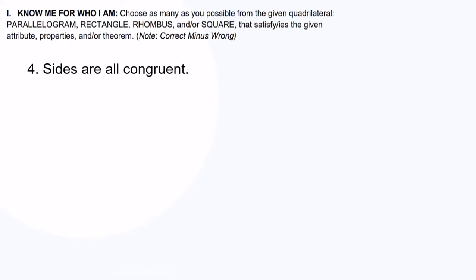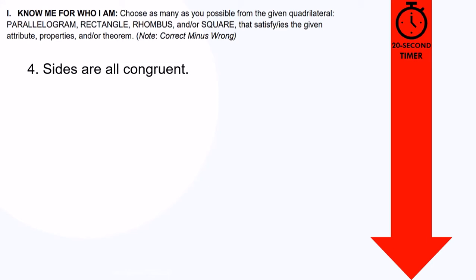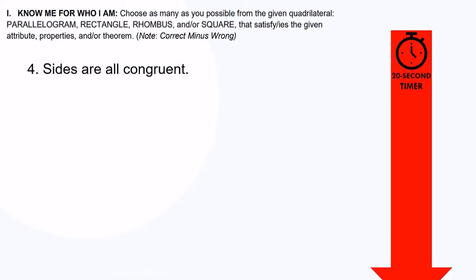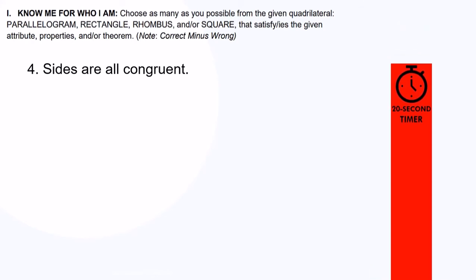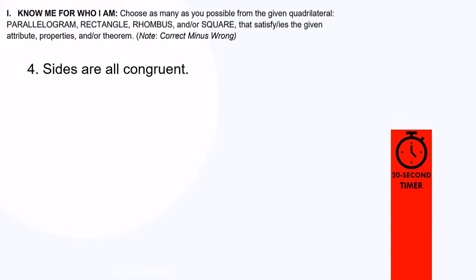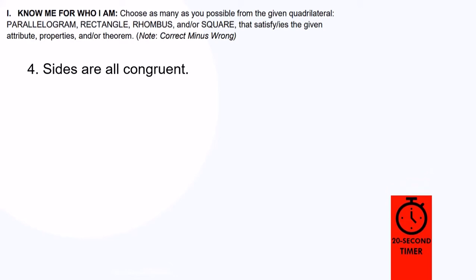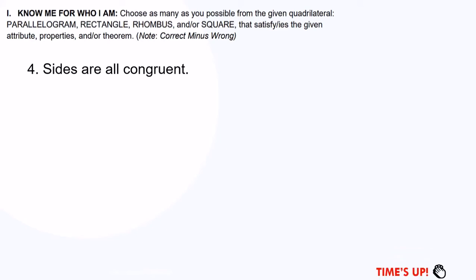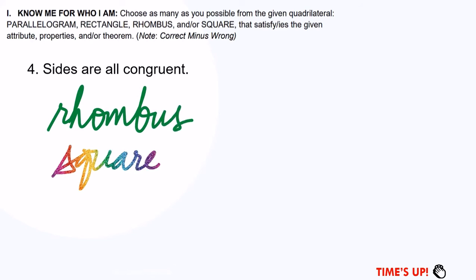Number 4. Sides are all congruent. Your 20-second timer starts now. Correct answer, rhombus and square.